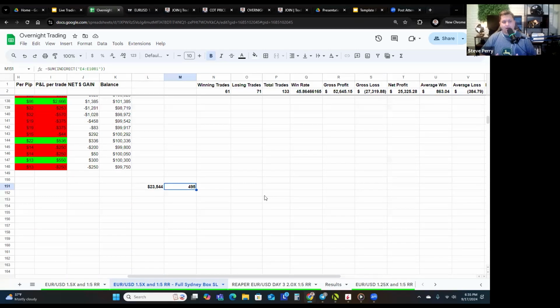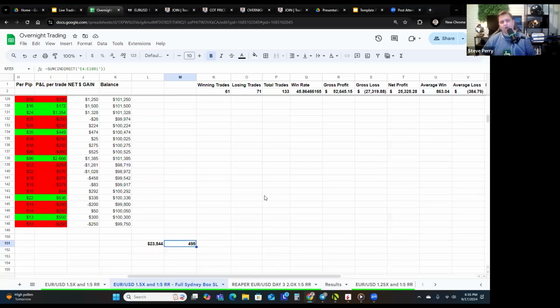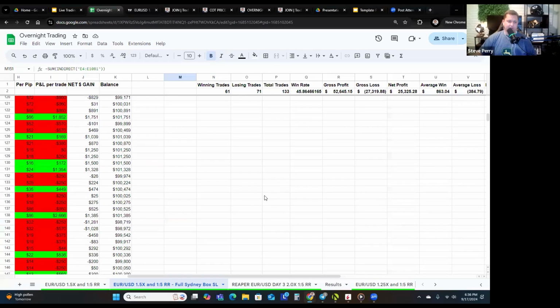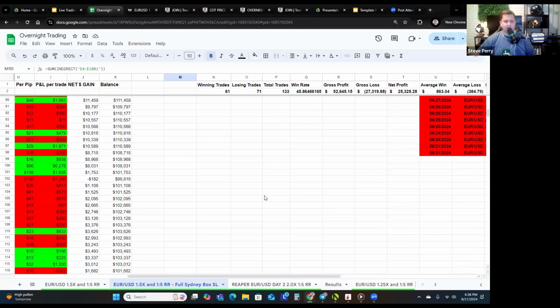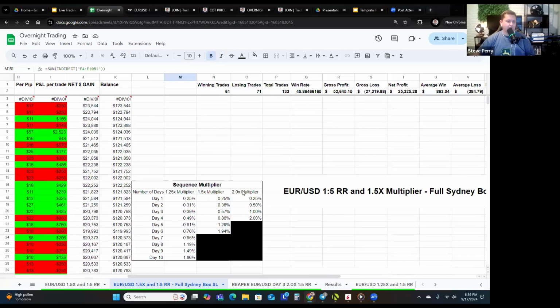Which is really not, I mean, it's a decent amount of pips, maybe over say a month, but you'd probably want to make more than that. And pips are very subjective and they don't really mean much, because they don't tell the truth of everything about the strategy. Dollars tell the truth though.